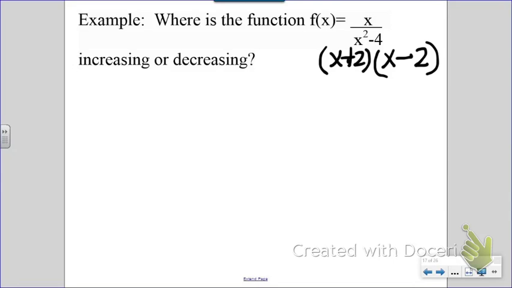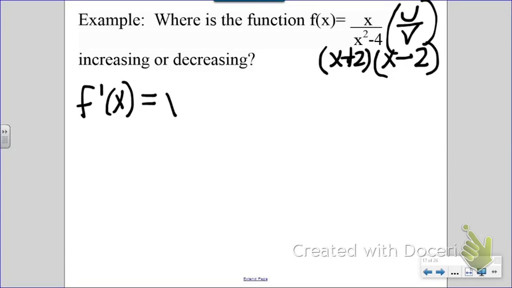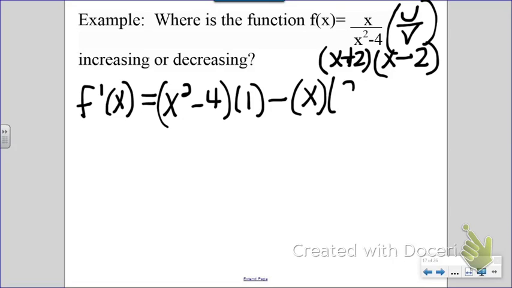Let's find the derivative first. We're going to use the quotient rule. So we have v times derivative of u minus u times derivative of v all over v squared.